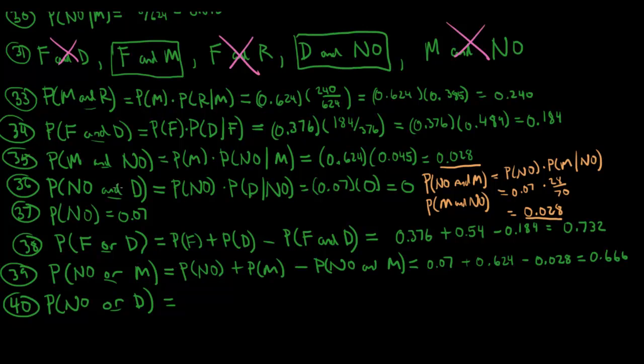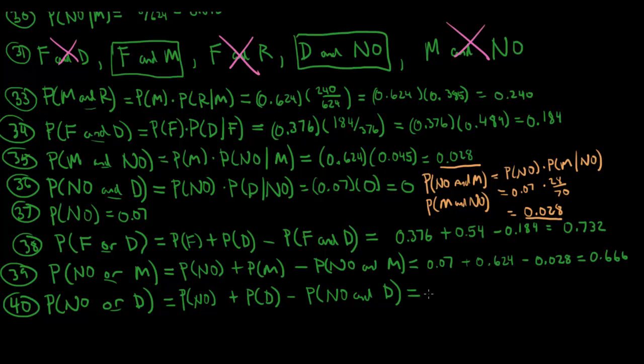That is, the joint probability was 0. So really here, all you have to do is add the two marginal probabilities, no opinion and the marginal probability of Democrat. Technically, we are still subtracting off the probability of no opinion and Democrat, but that just happens to be 0.